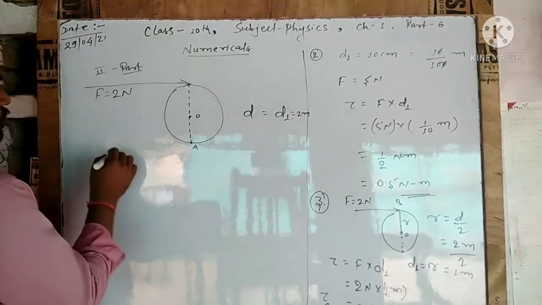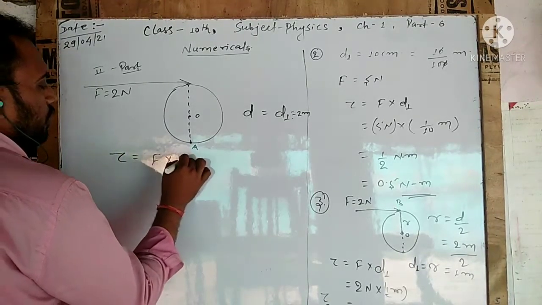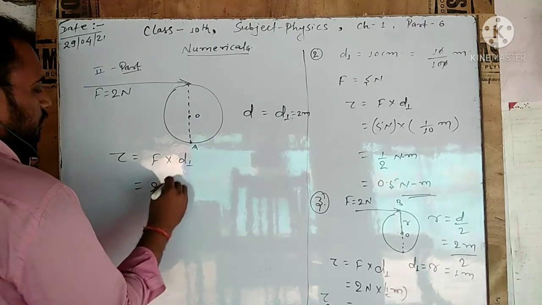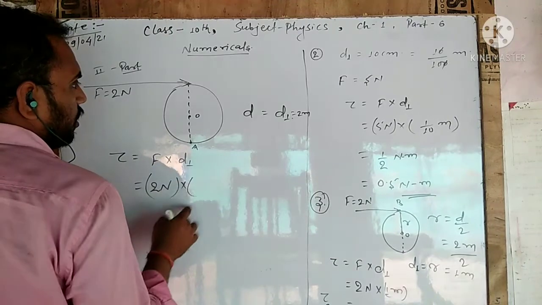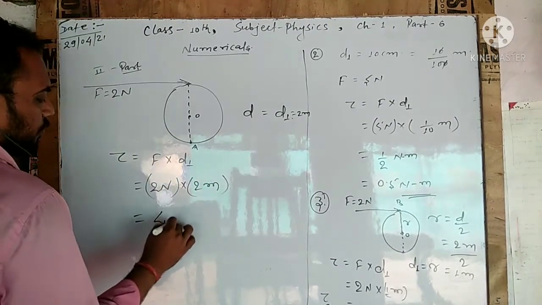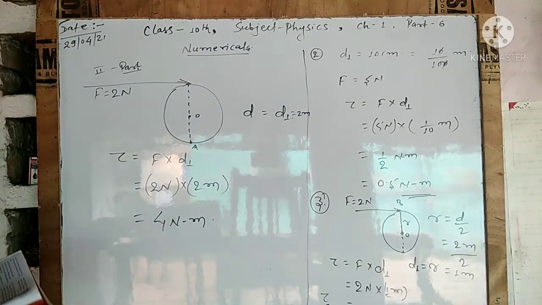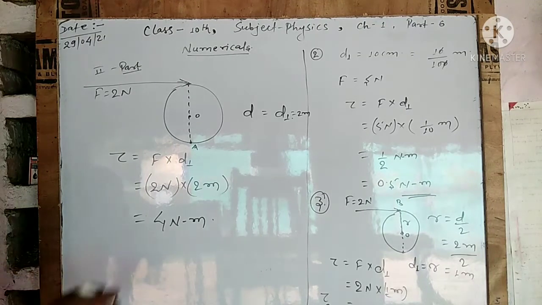So torque is again force into perpendicular distance. Force is 2 Newton and perpendicular distance is also 2 meter, so this will become 4 Newton meter. That is also in clockwise direction. Why clockwise?